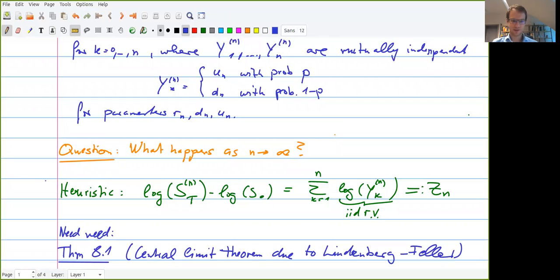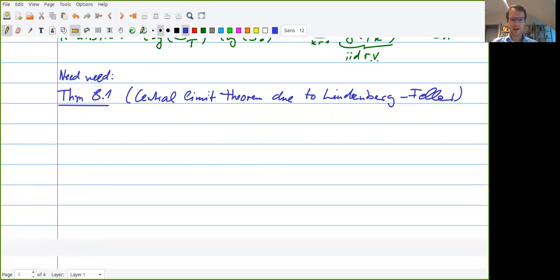Today, I will not give you any technical details. You can look at the proper formulation of this theorem in the lecture notes, or look in the book of Klenke, where you can find the proof, if you want to recall it.